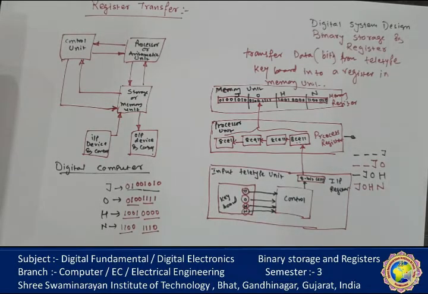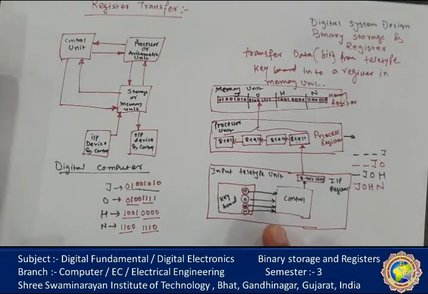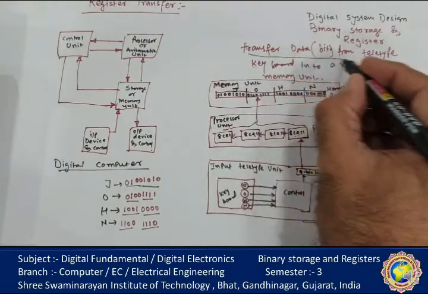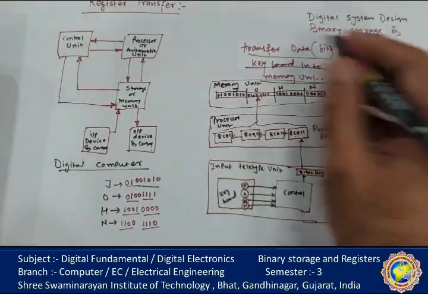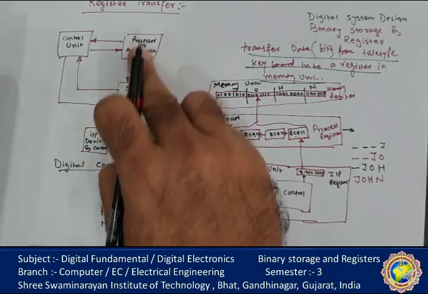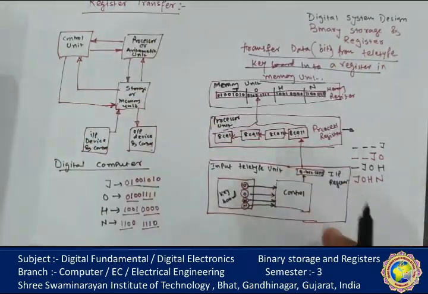The memory unit normally consists of thousands of registers. So in the first example we transfer the data bits from the keyboard towards the processor.